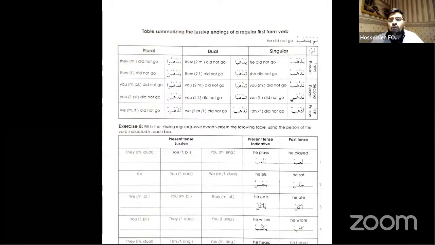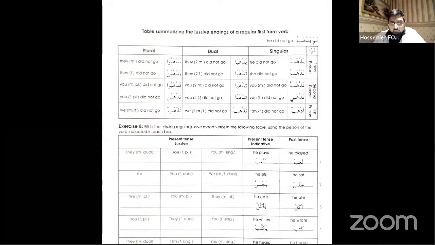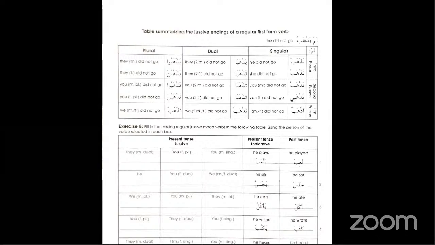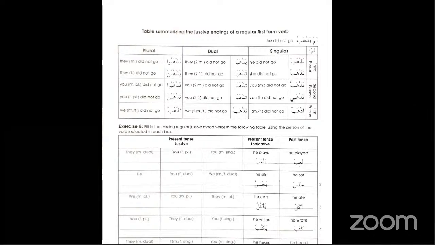Can you go through this once more with a different verb? I want you to do the verb lam ya'lam, he did not know, and conjugate the 14 forms for me, please. Lam ya'lam, lam ya'lama, lam ya'lamu, lam ta'lam, lam ta'lama, and lam ya'lamna.